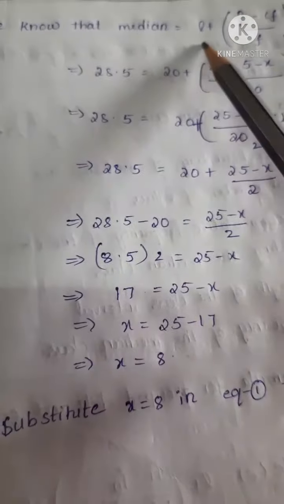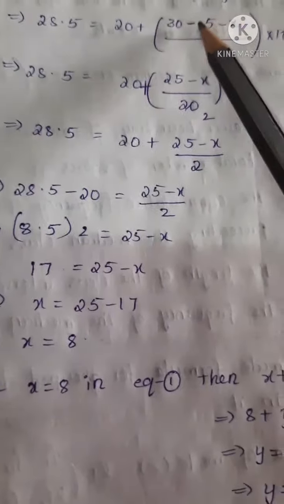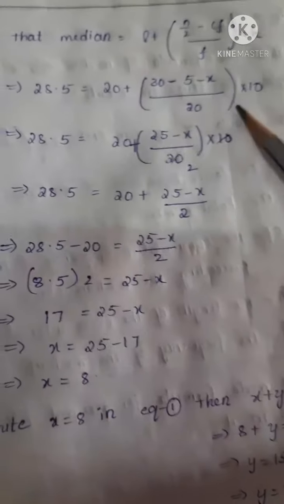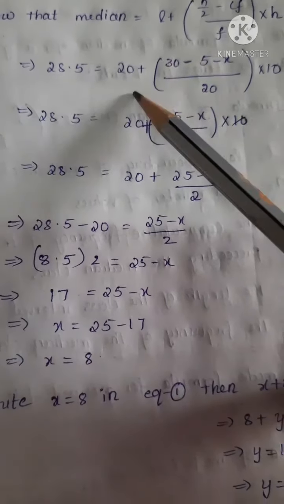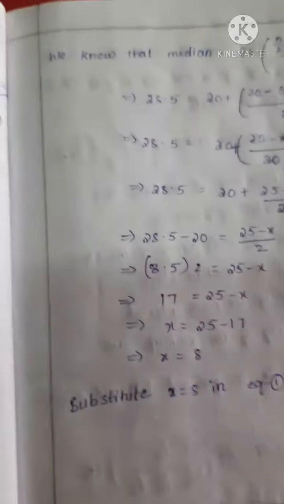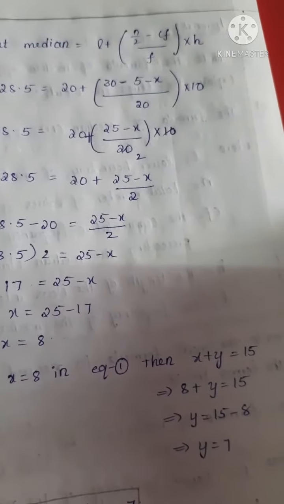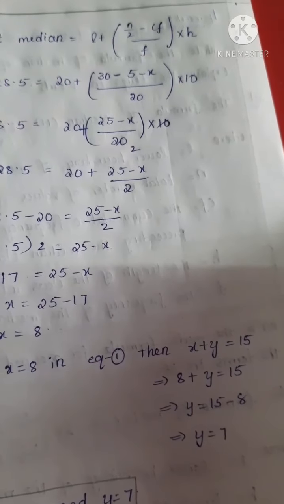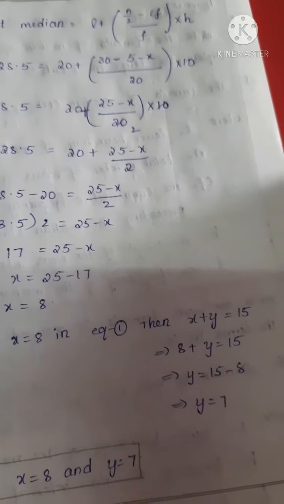We know the median formula: L plus n by 2 minus Cf by f into h.